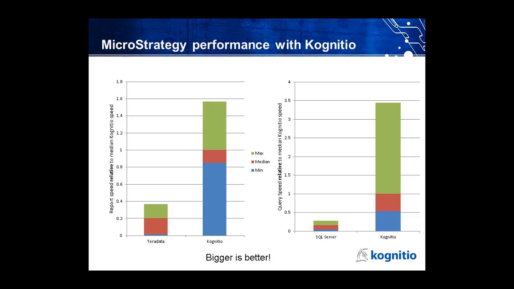Now, for the same reports running on the Teradata system alone, we can see that the median was down at 0.2, which means by implementing Cognitio, you're getting a response time in this case which is 5 times faster. On the right-hand side, we can see some similar times for SQL Server alone versus Cognitio. And the median comparisons there result in 6 to 10 times faster performance with Cognitio.